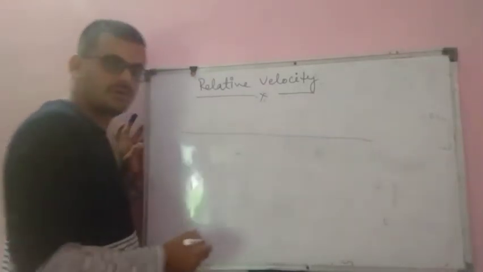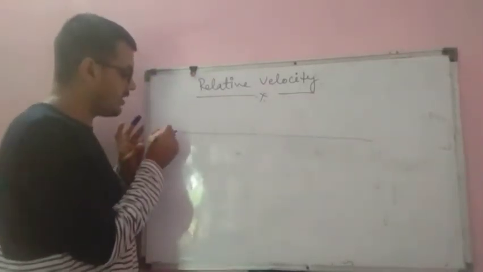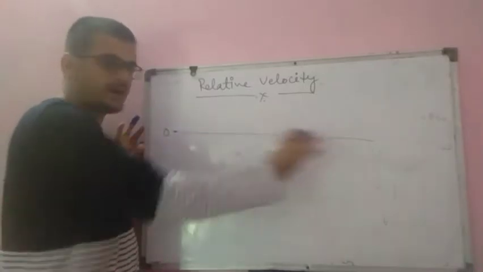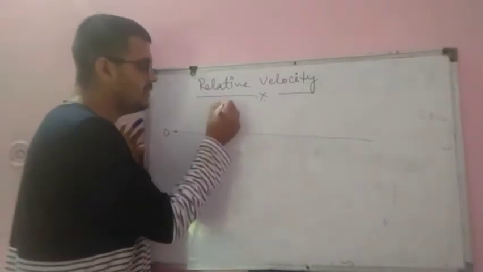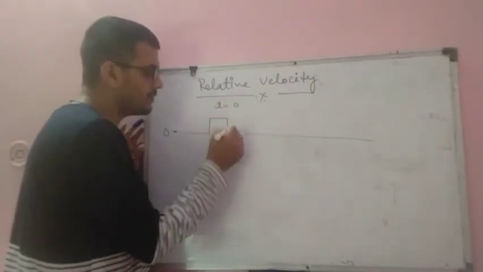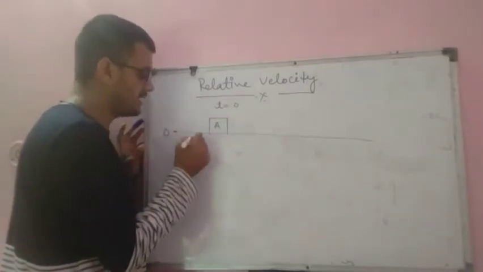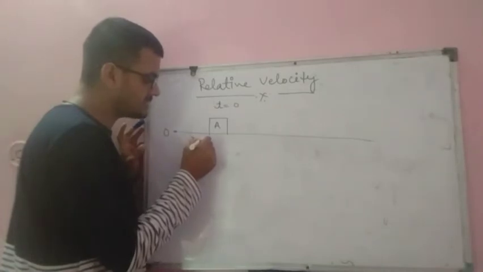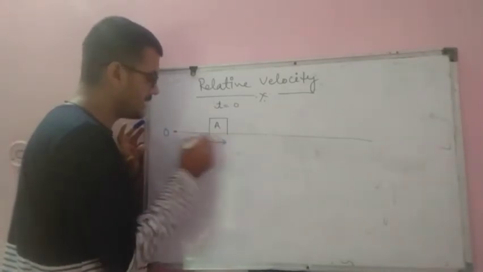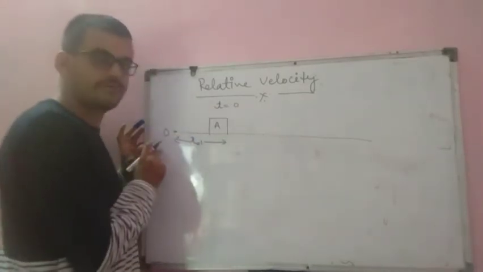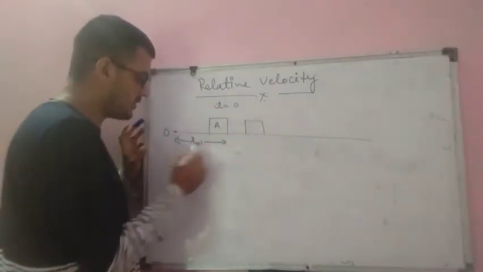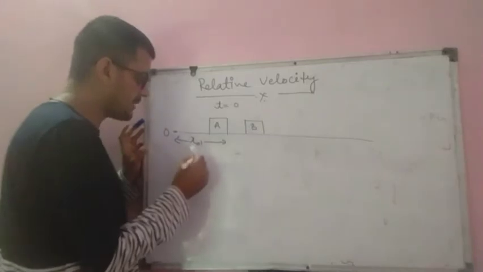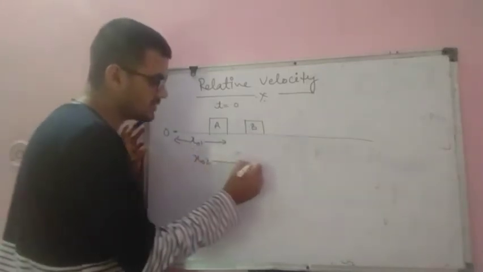Suppose this is a road, any path, and this one is the origin. Let at time t equal to 0, object A have position x01 from the origin, and at the same time t equal to 0, object B have position x02.